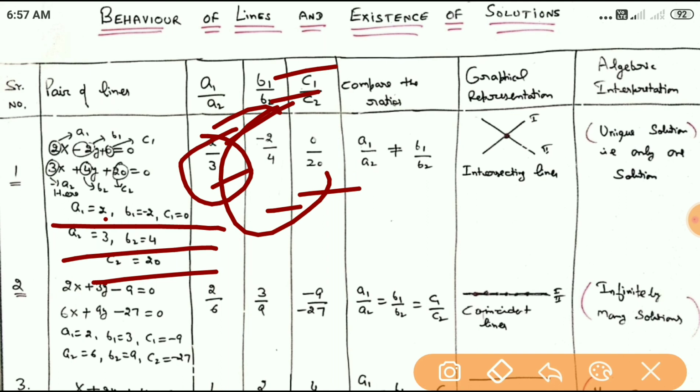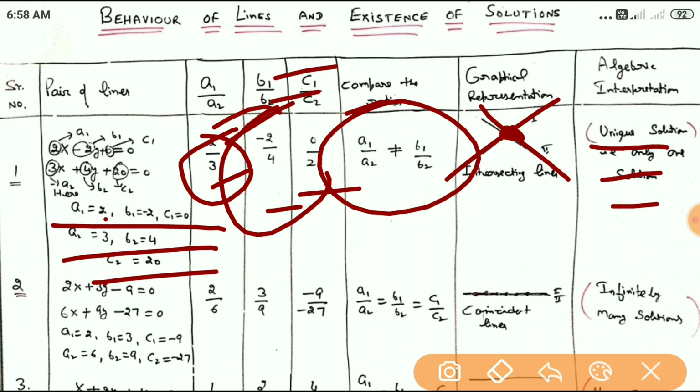And viewers, remember that if these 2 ratios are not equal, then these are intersecting lines. If these are intersecting lines, then one point is common. If only one point is common, then there is only a unique solution, that is only one solution and not any other solution.